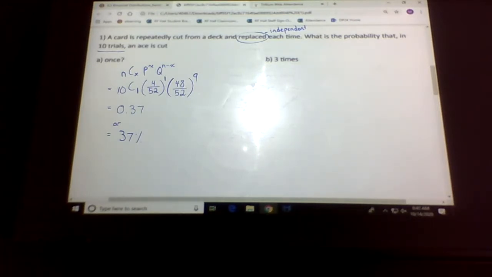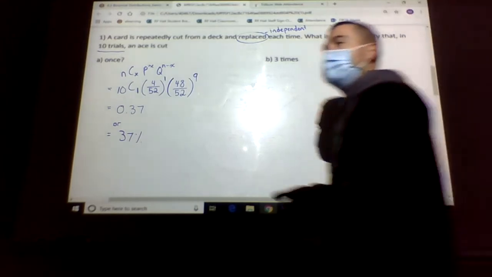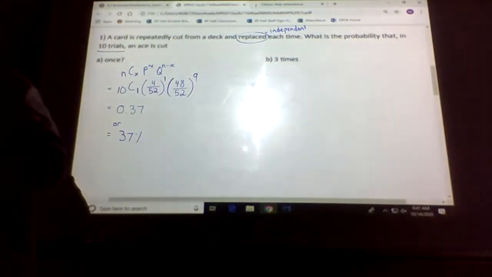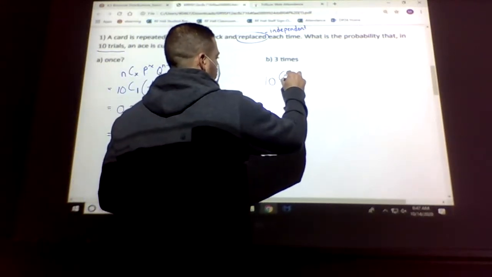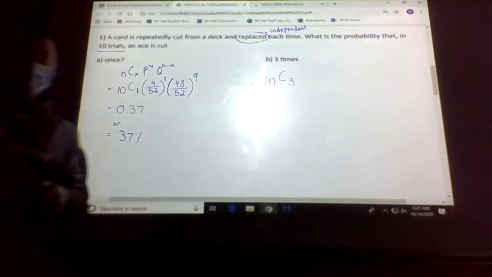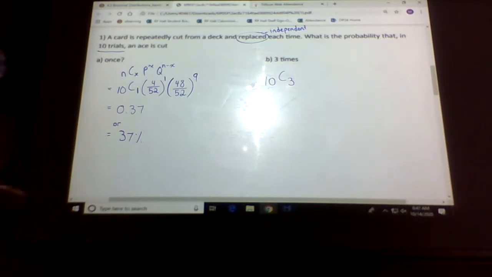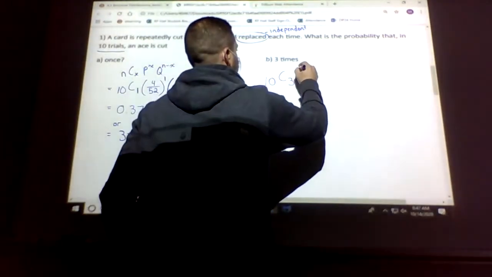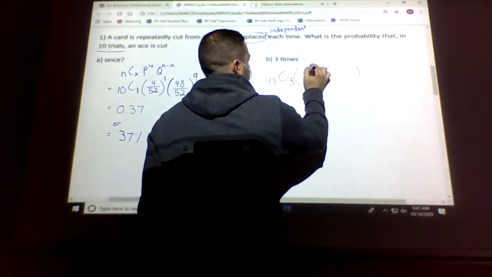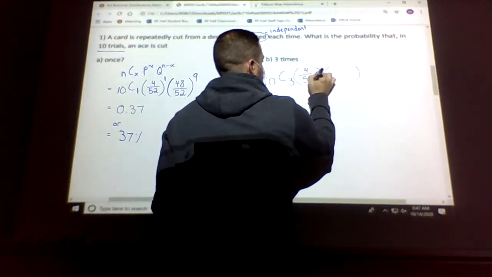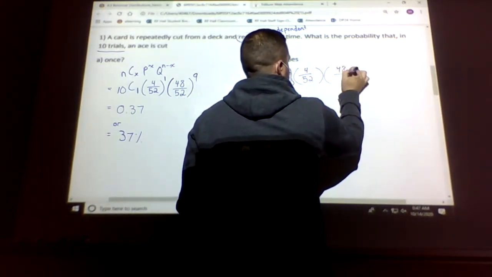Now we want 3 aces. So out of the 10 trials, we want an ace to come up 3 times. So from 10 trials, you want now 3 aces. So 10 choose 3. The probability doesn't change. So 4 out of 52 and 48 out of 52.